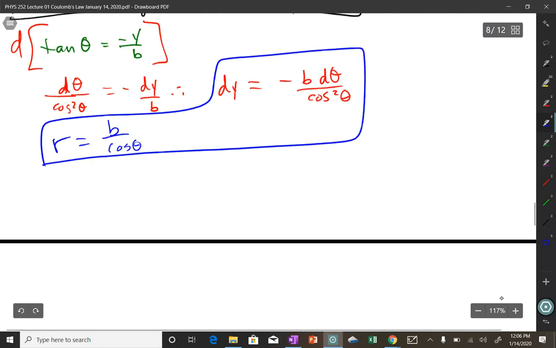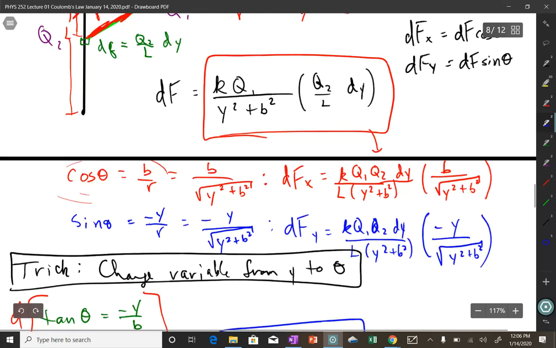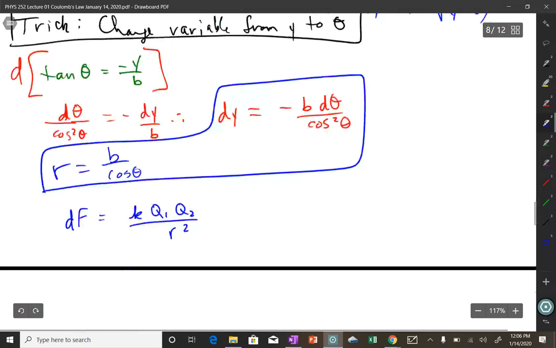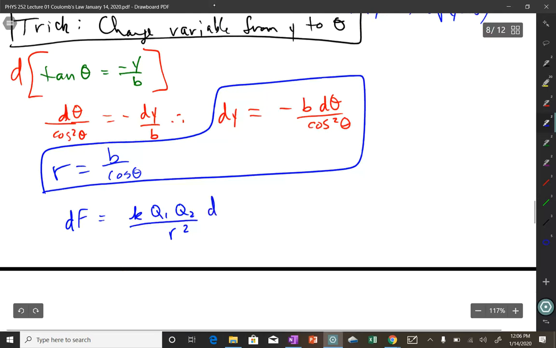So now if we put these two relationships into df is equal to k q1 q2 over r squared times, and I've got to look at what we had here, this equation that's in the red box, dy over L. That was our df.